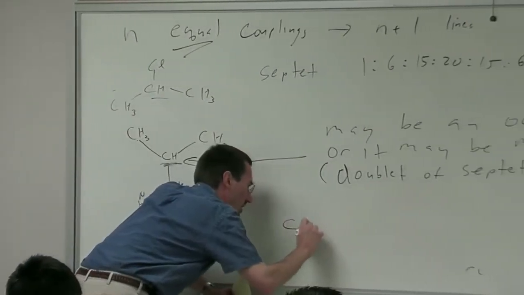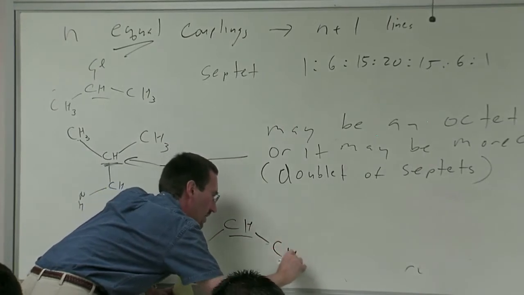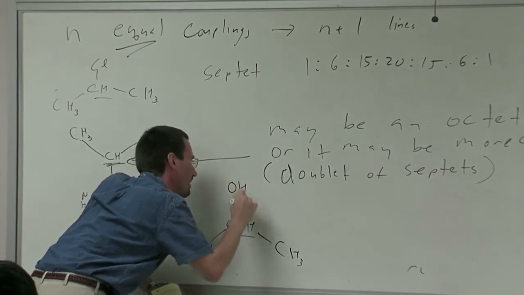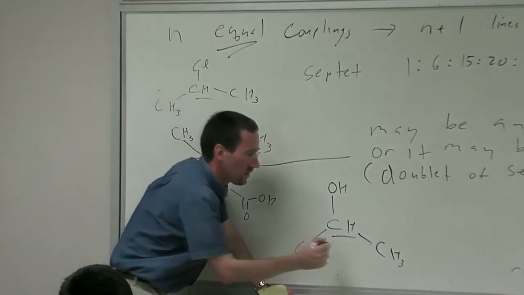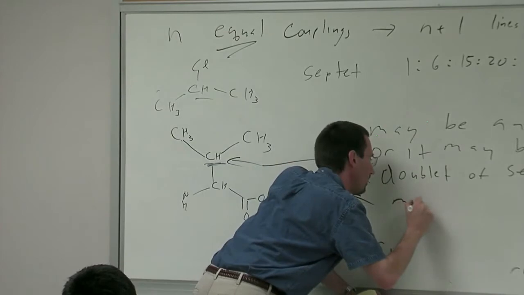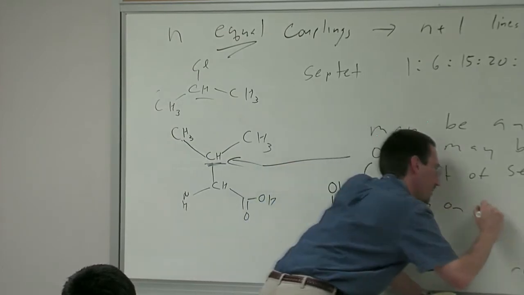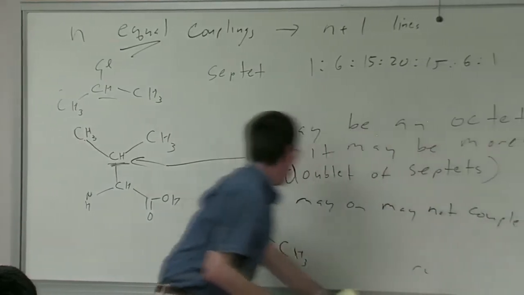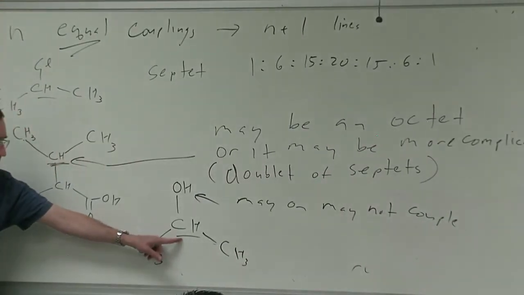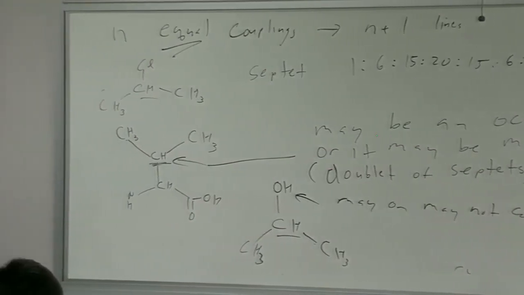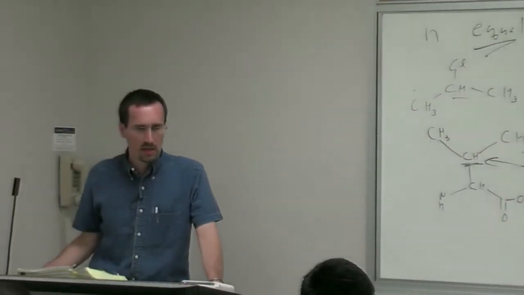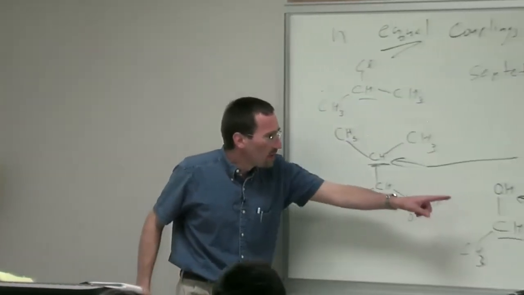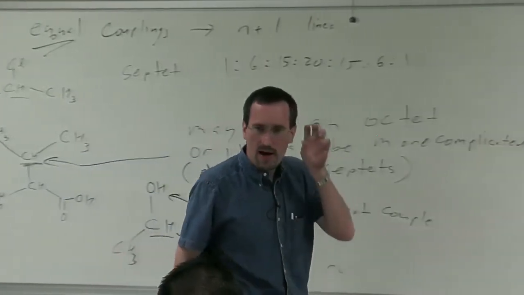The OH of alcohols, and I know this has already come up on the homework, may or may not couple. So the methine hydrogen of isopropanol might appear as a septet, or it might be more complicated. In order to couple, the OH hydrogen has to stick around in one place.